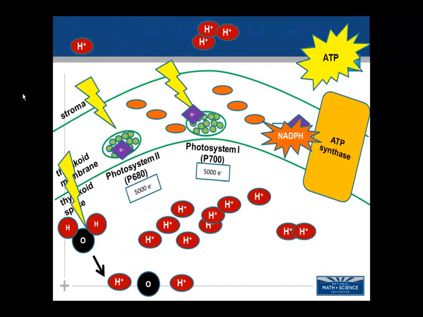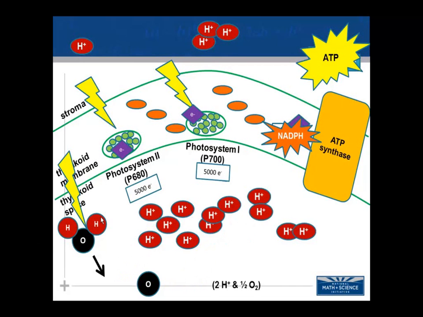So the splitting of water needs to occur to replace this electron that was lost when this one got excited away. It doesn't need to be the same one, it certainly isn't going to be the same one, but we need the same overall number of electrons. What that leaves is some hydrogen ions and some oxygen. The hydrogen ions help build up this concentration gradient here in the thylakoid space.